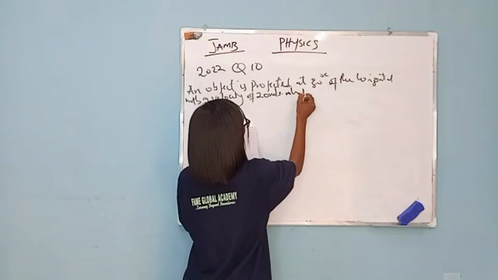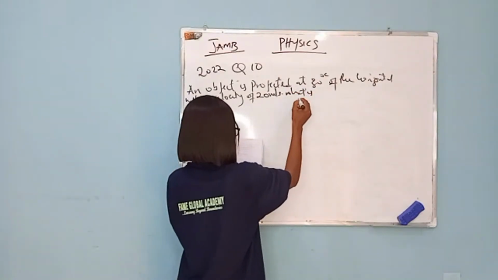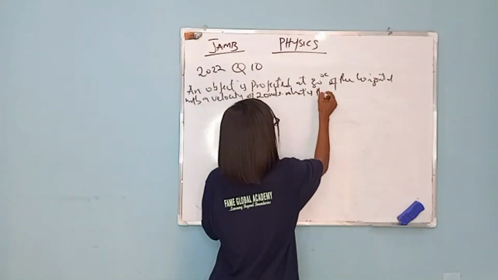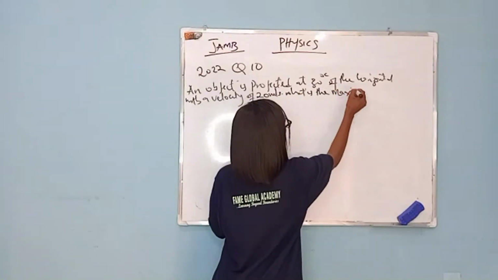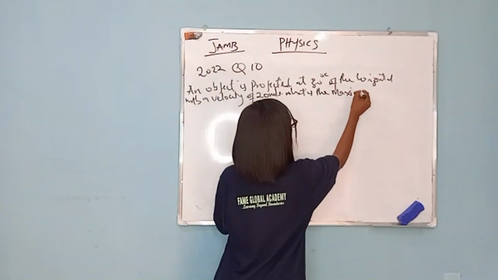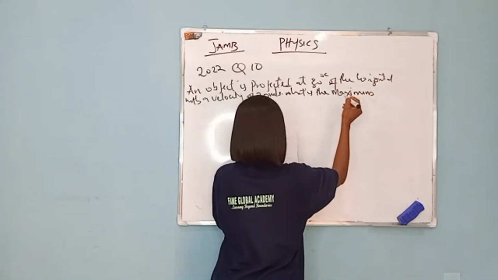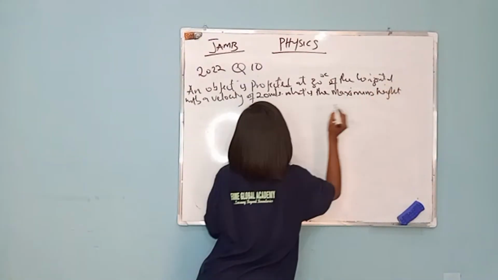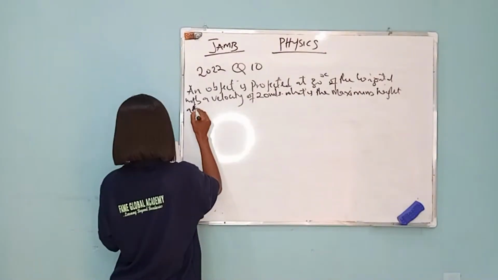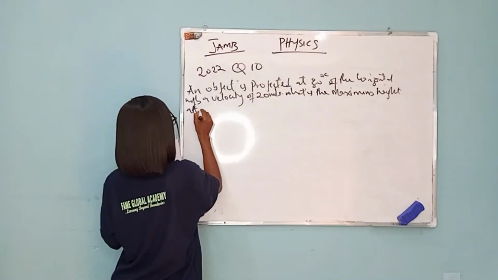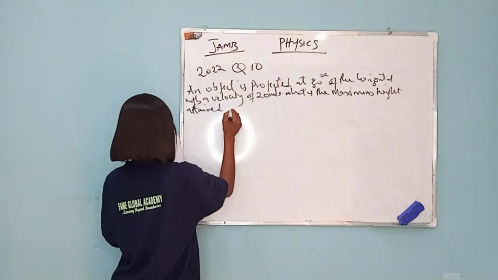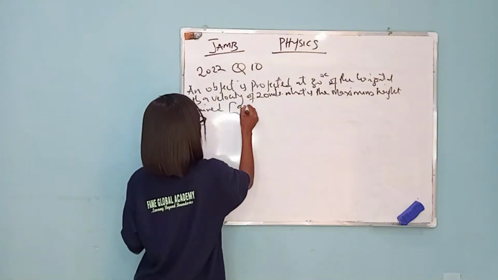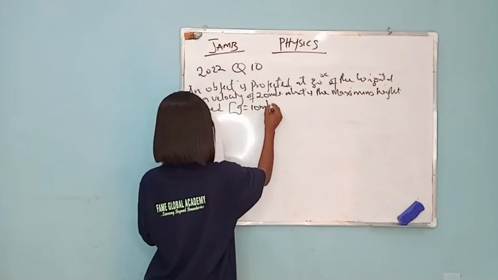What is the maximum height attained? G is equal to 10 meters per second squared.